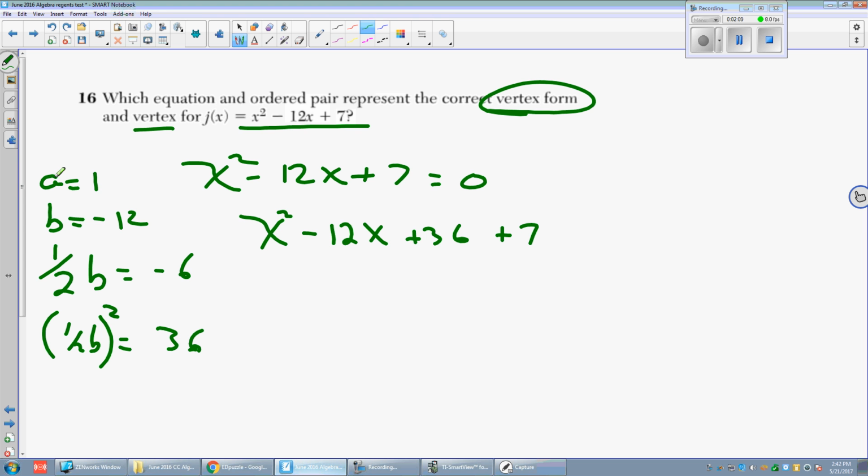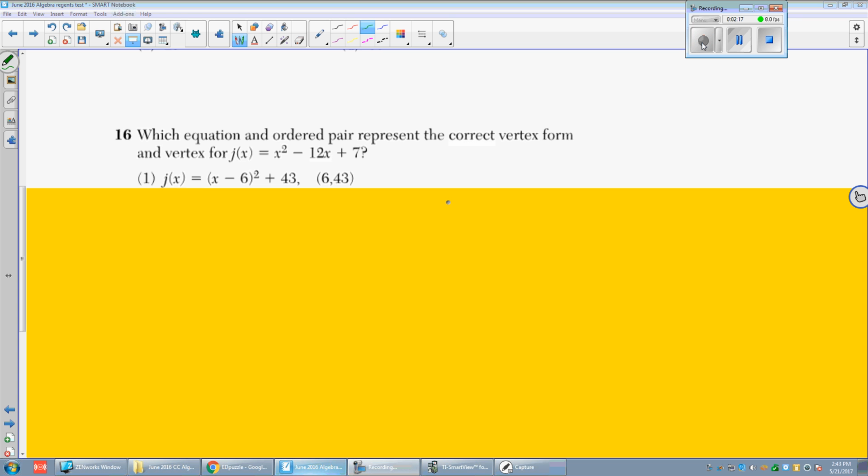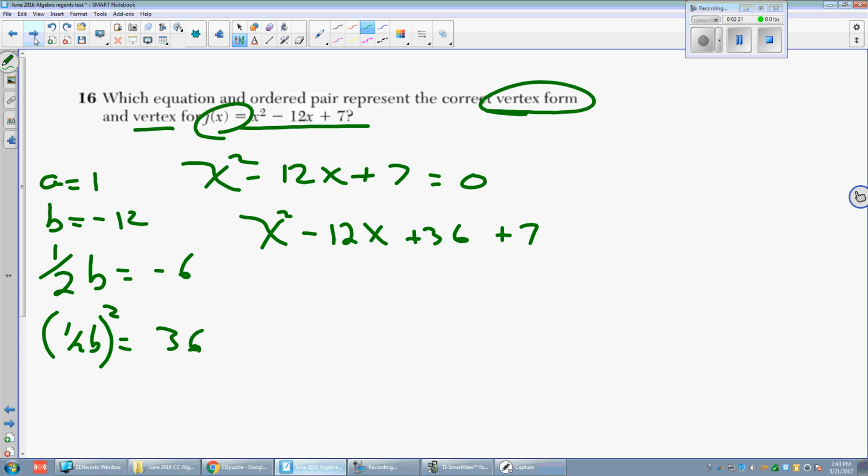But there wasn't an equal sign, well, there is an equal sign right there. Now I'm going to cheat and take a look at one of the choices, and I see that there is no equal sign in the answer. So now I'm not going to put an equal sign here. If I add 36, I have to subtract 36 to keep it the same. If there was an equal sign, I would have added 36 to the other side of the equation.